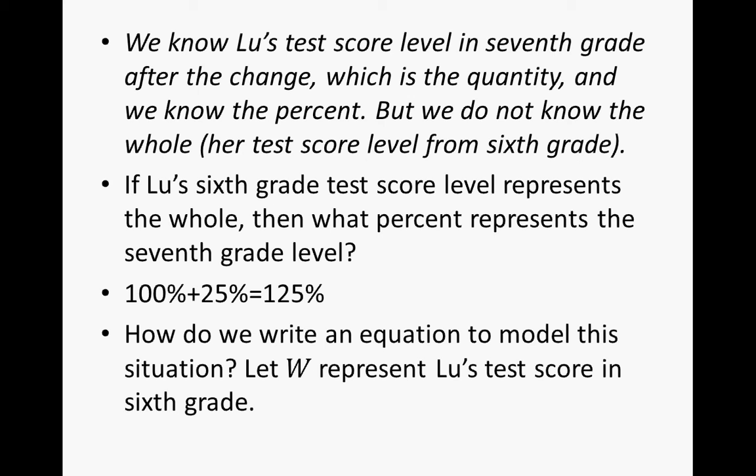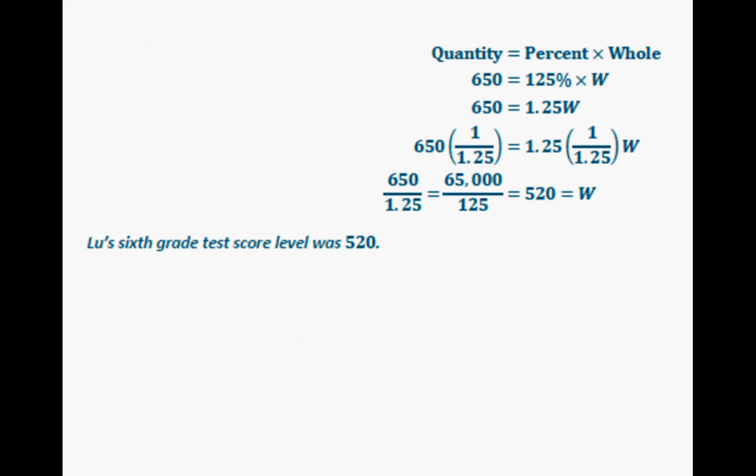So how do we write an equation to model this situation? Let W represent Lou's test score in the 6th grade, which is the whole. So quantity equals percent times whole. That means 650 is equal to 125% times W. In order to work with 125%, we can write that as 125 over 100, or 1 and 25 hundredths. Again, to isolate W, we multiply by the reciprocal.